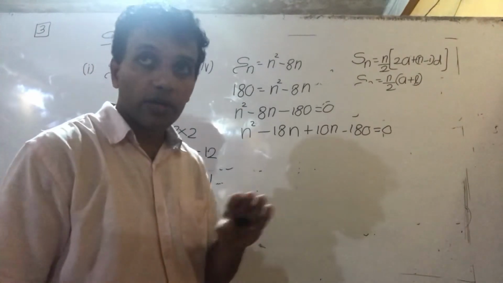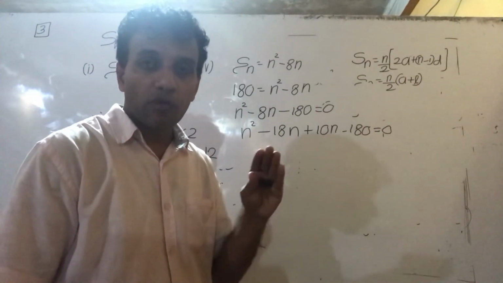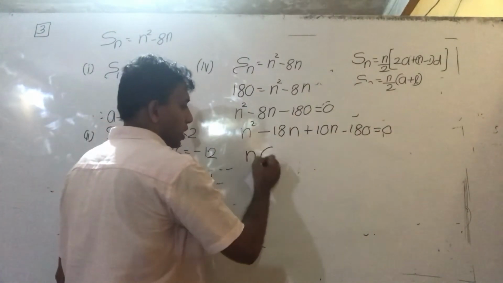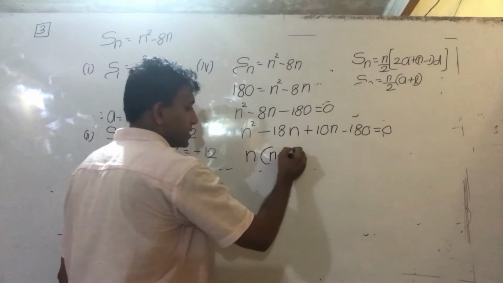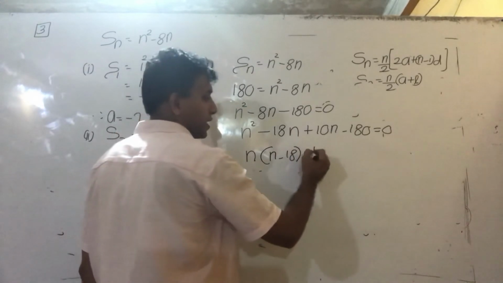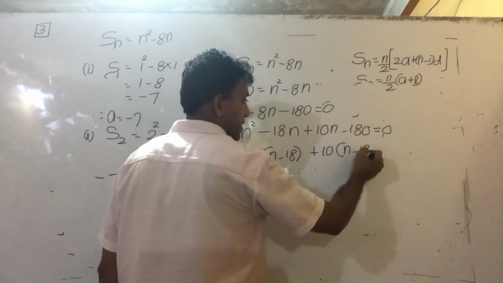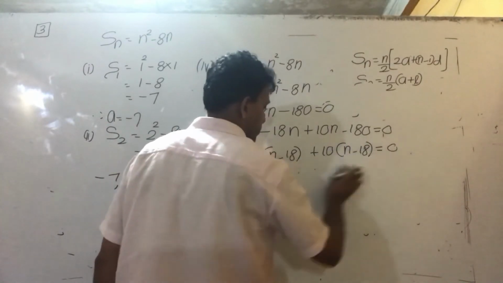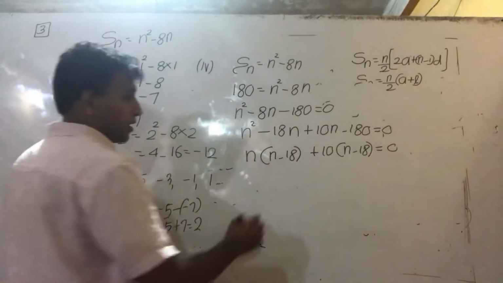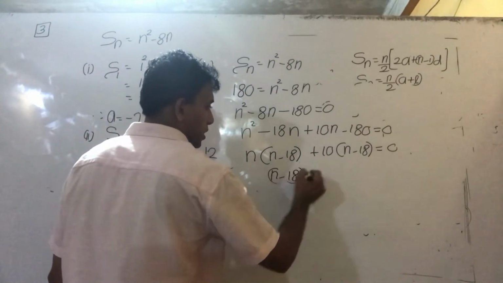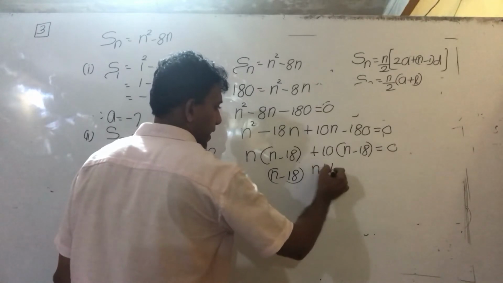Now we are not in the arithmetic series problem, it is your factorization lesson. I take n out, n minus 18, take 10 out, again n minus 18 equals 0. Therefore n minus 18 is one factor, the other one is n plus 10.